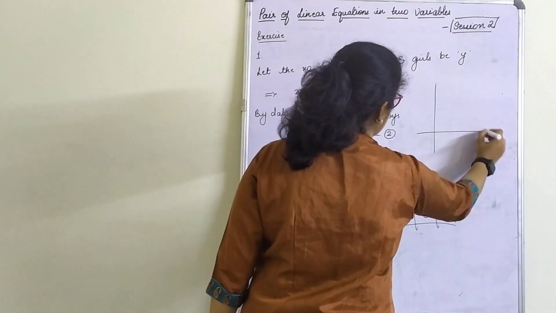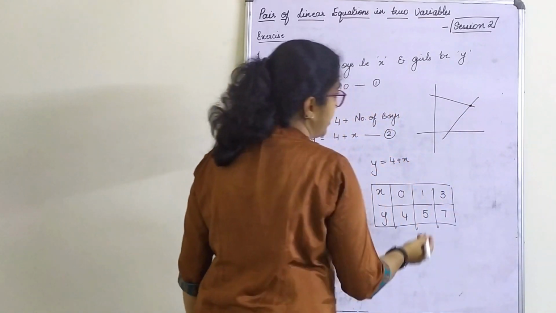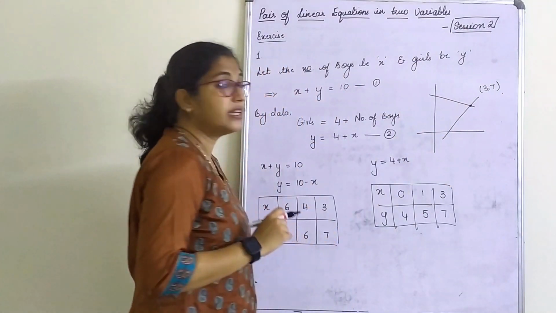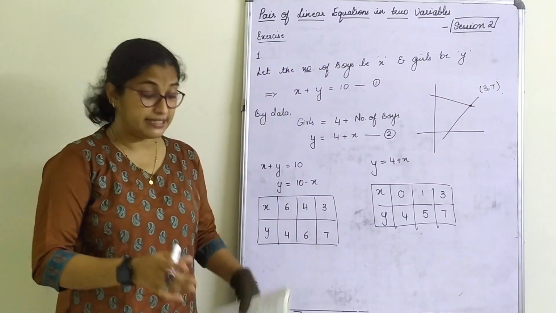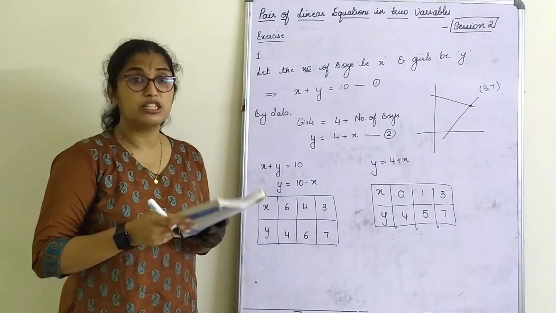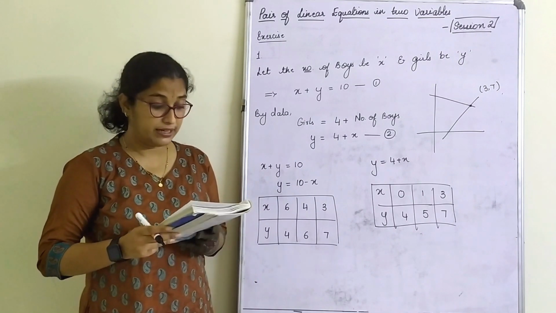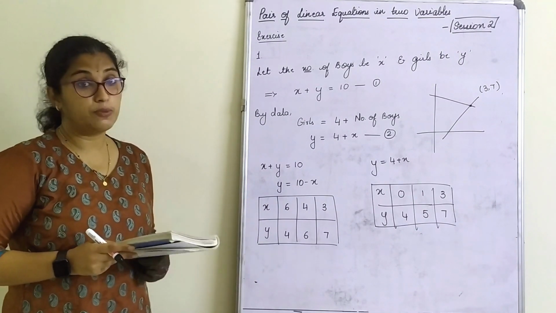Assume that this is the graph. So the graph might intersect at one point somewhere, and that point is 3 and 7. This is our assumption. Therefore, the point of intersection of the graph is 3 and 7. That's all you can give. That is the solution to the given linear equation. Is that very clear? This is how you will do it. So, quickly copy the second one.